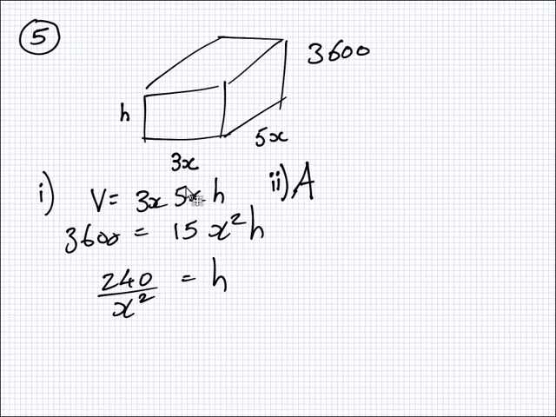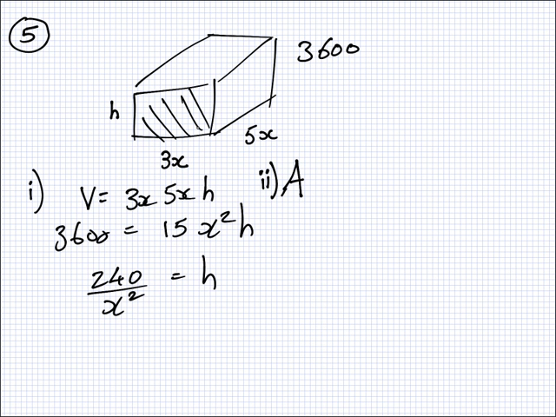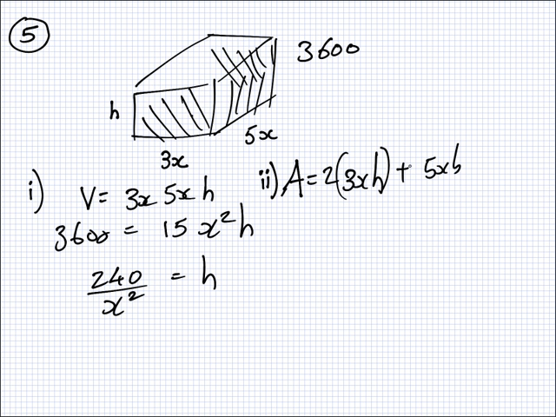So let's look at it. This side here is 3x times h. But you have 2 of them, because there's one at the back as well. So there's 2 of these. Plus, and then you have 5x by h, but again, there's 2 of them.